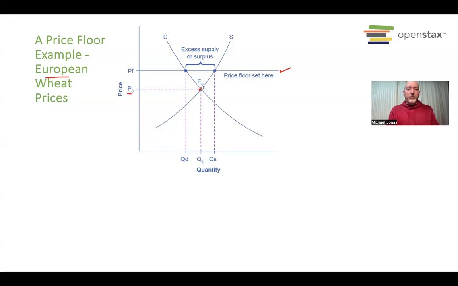If the equilibrium turns out to be here at E0, but the price floor, the price below which we are not legally able to sell, is here at the level PF, any price above equilibrium is going to have a quantity supplied greater than quantity demanded, and thus a surplus.